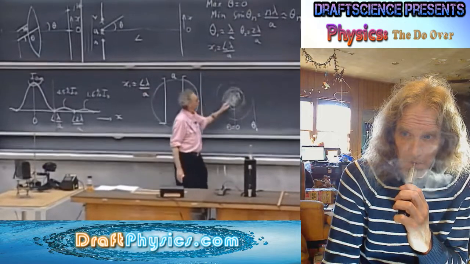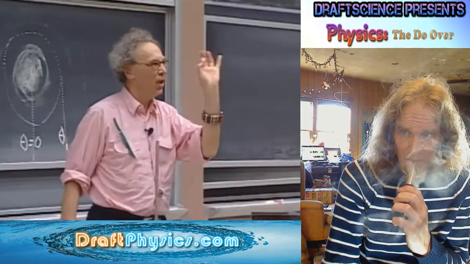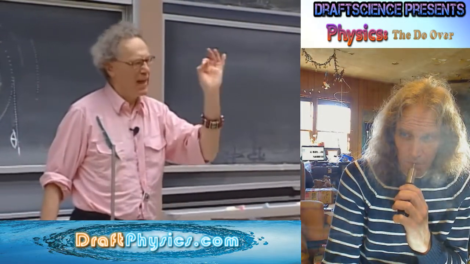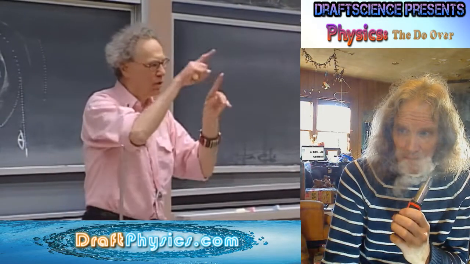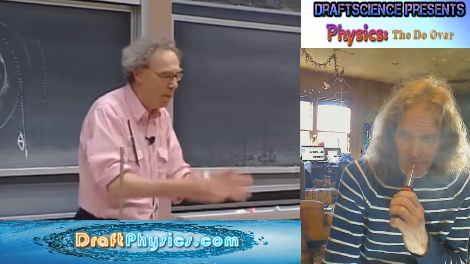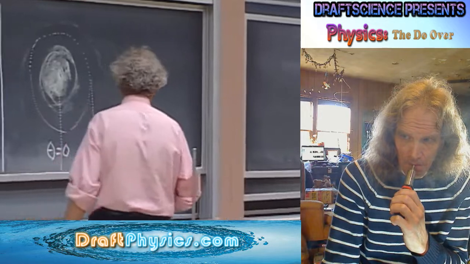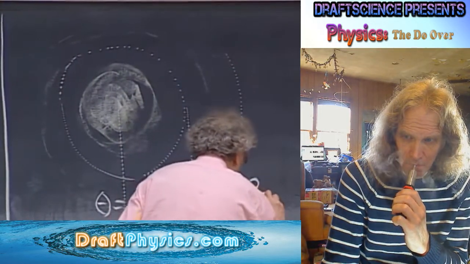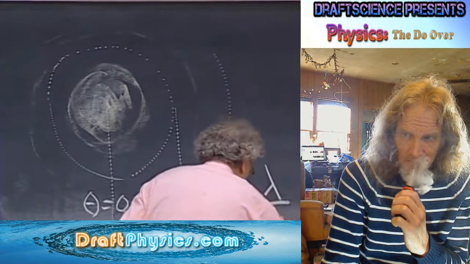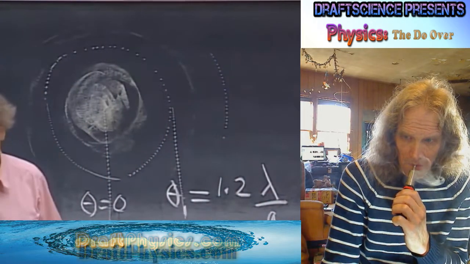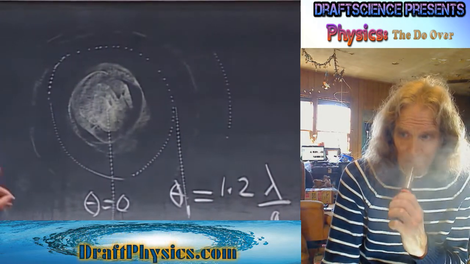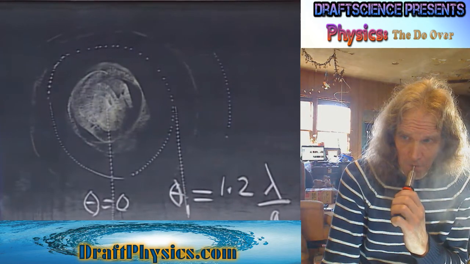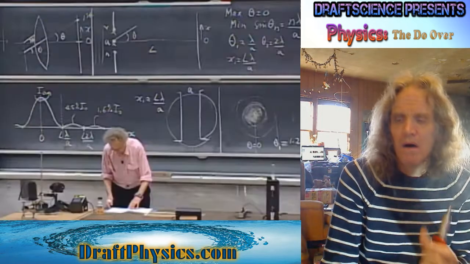You would think that that is lambda divided by A if A is the diameter of your pinhole. Well, it's almost that. It is a little larger because for a pinhole, the circular geometry is different from a line. And so take my word for it that it comes not at lambda divided by A, but it comes at roughly 1.2 lambda divided by A. If you want to be picky, it's really 1.22 times lambda divided by A. And this, of course, is in radians again. I work now exclusively in terms of radians, small angle approximation.